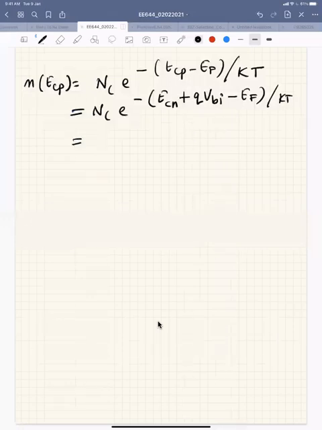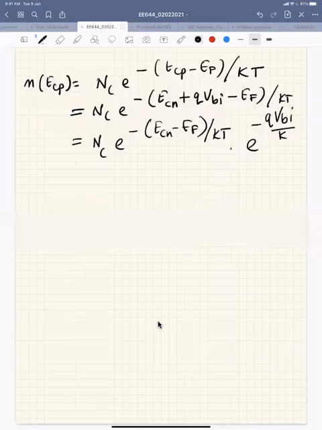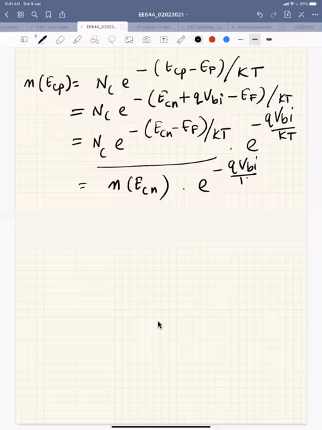I could write this as e to the minus (ECN minus EF) by kT times e to the power minus q VBI by kT, and this part is nothing but n at ECN times e to the power minus q VBI by kT.